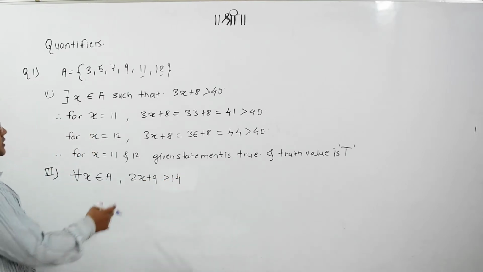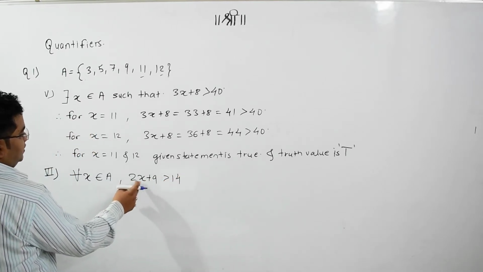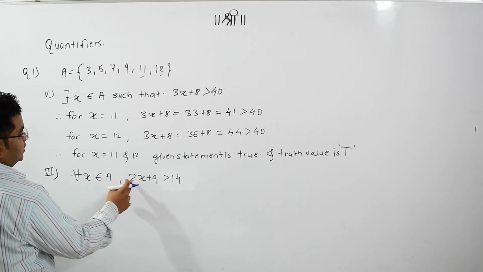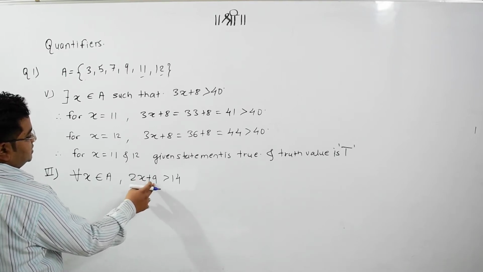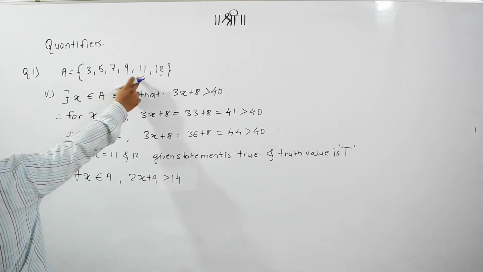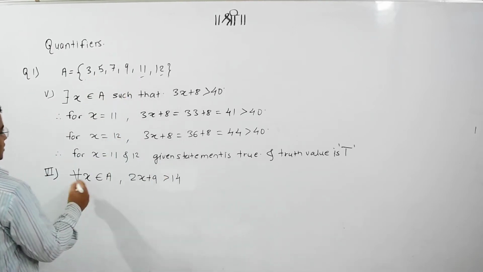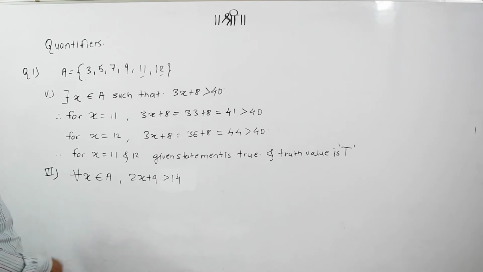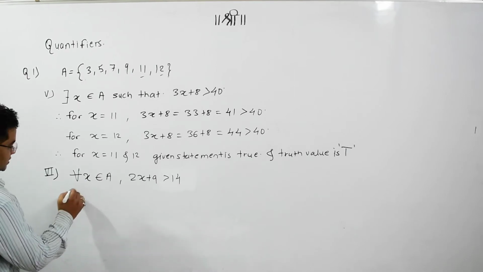Yes, of course, look at it. If you multiply by 3, 3 twos are 6, 6 plus 9 is equal to 15. Again greater than. Again all numbers are greater. Therefore the given statement is true for all values of x.